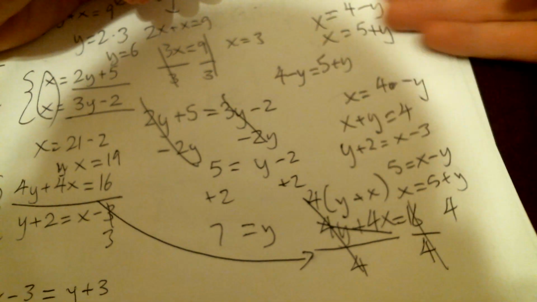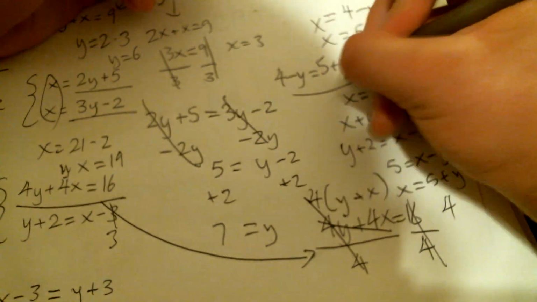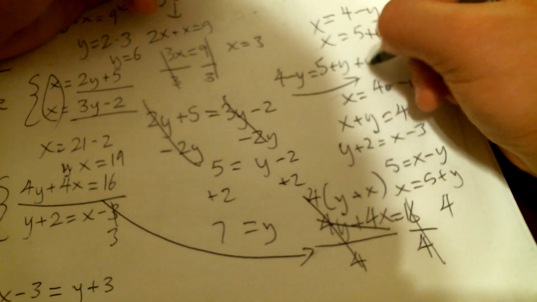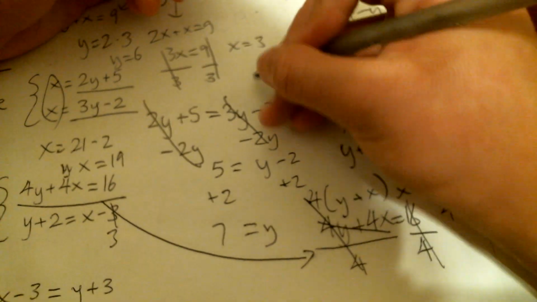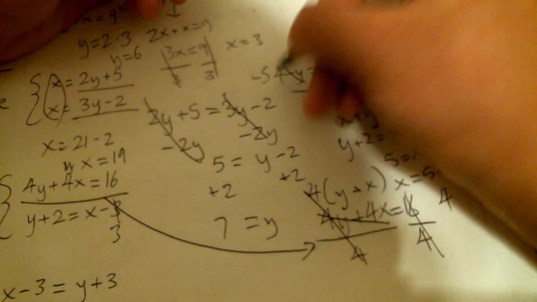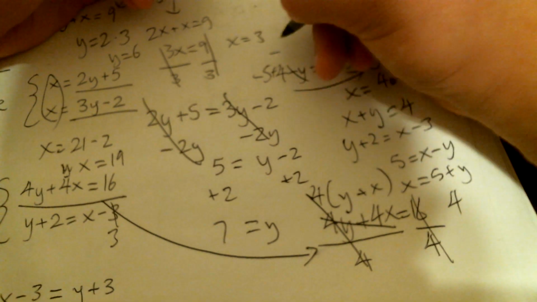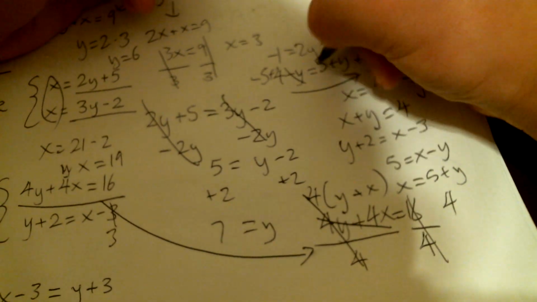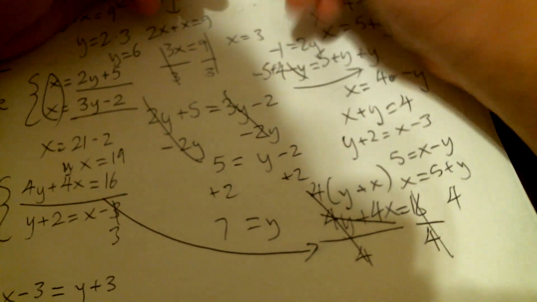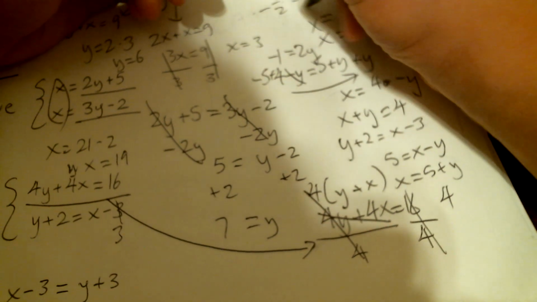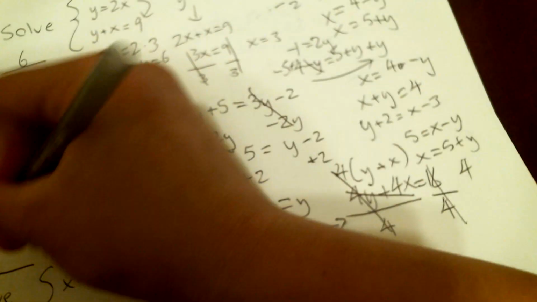We can move these onto the same sides, adding y and subtracting 5. So this is negative 1 equals 2y. So y equals negative 1/2.